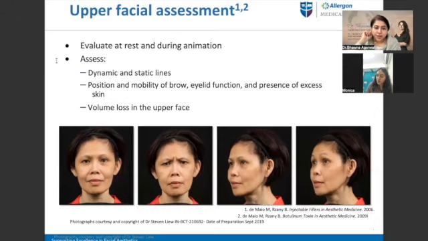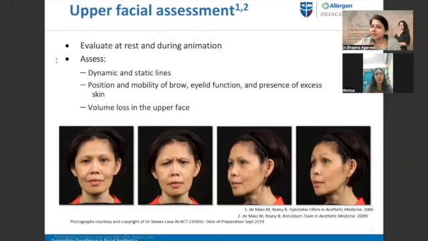Right. And the third thing is volume loss in the upper face, like temple hollowness or forehead hollowness, you have to see. I have done another video on understanding the forehead. It's on YouTube. If you can watch this, it will be very helpful in understanding the mechanism of how Botox works, the mechanism of frontalis muscle, and all that.